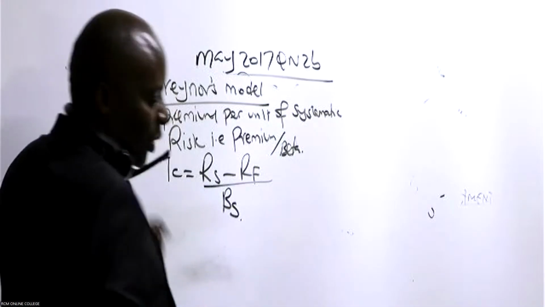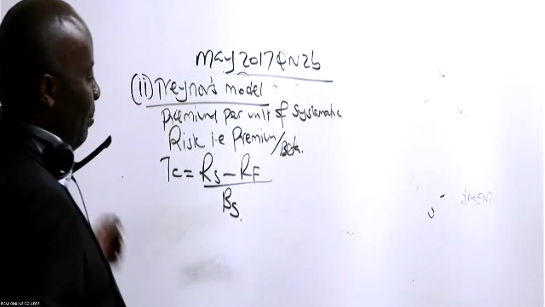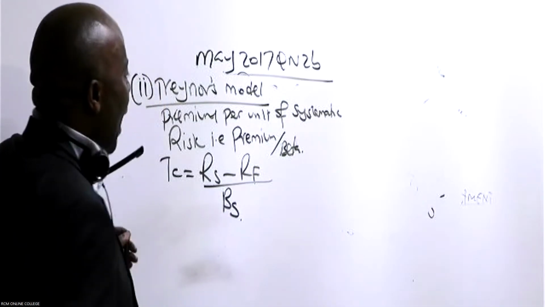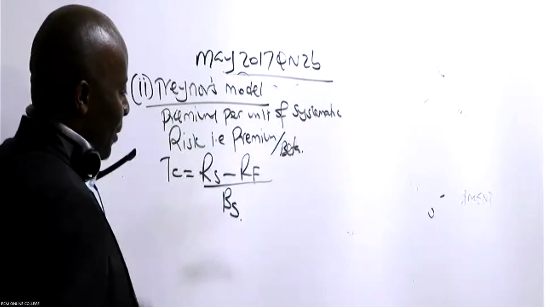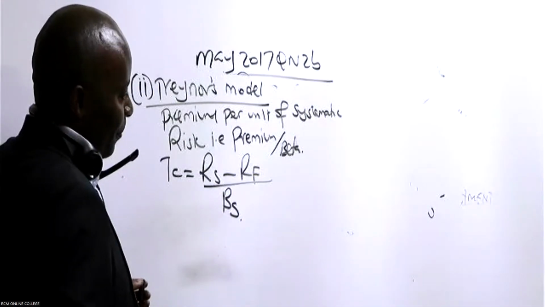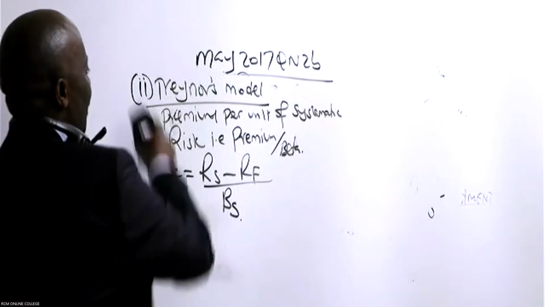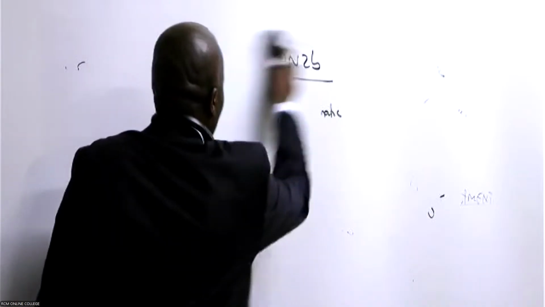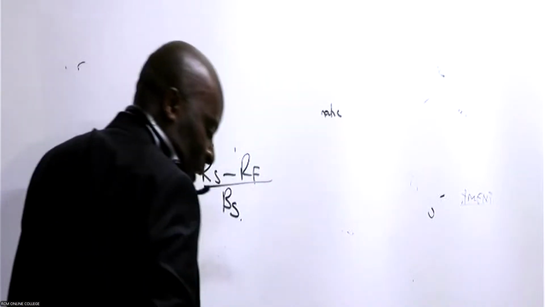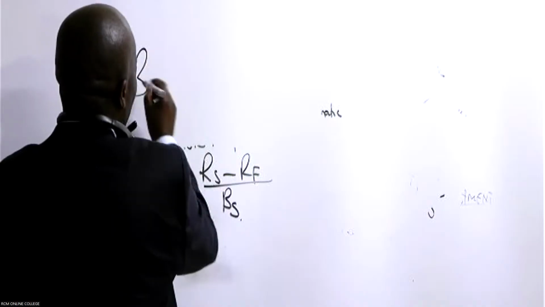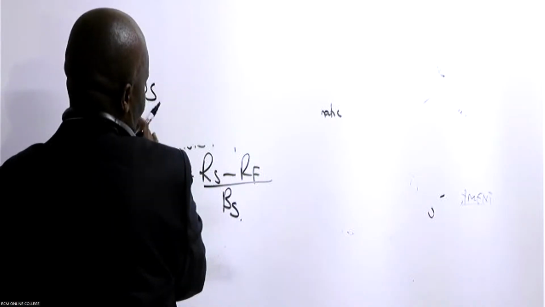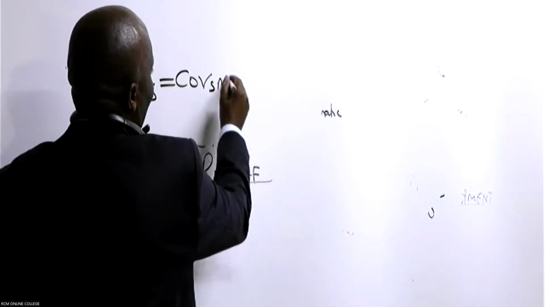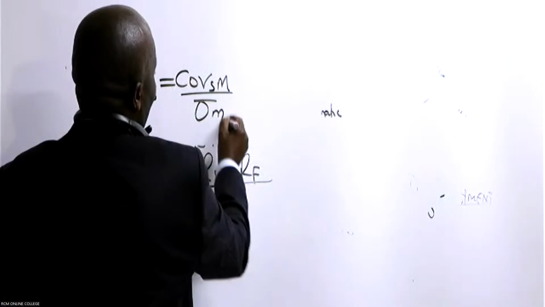But in this question, the examiner never gave us beta. I'm using this opportunity to teach you how we calculate this beta, which is a measure of systematic risk. It's very easy. Anytime they want us to give them beta of a security, we must always remember that we take the covariance between the security and the market, all over the standard deviation of the market squared.